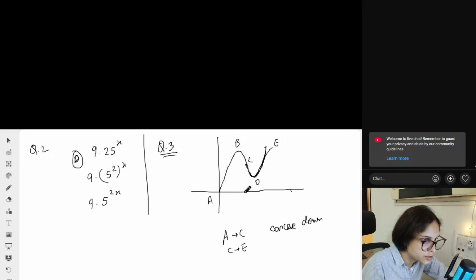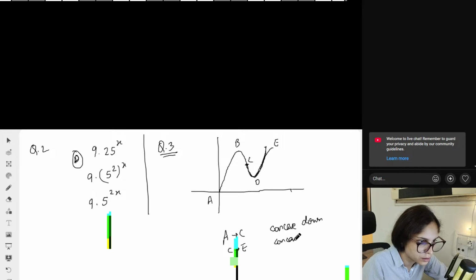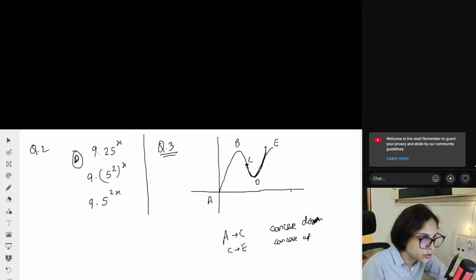And C is your point of inflection because that is where the shape of the graph is changing and this is concave up. So we want concave down, and from A to C, you can see A to B, it is increasing, B to C, it is decreasing. In fact, C to D also it is increasing, so B to D it is decreasing, and then D to E it is increasing. So the interval that satisfies both the things is A to B.